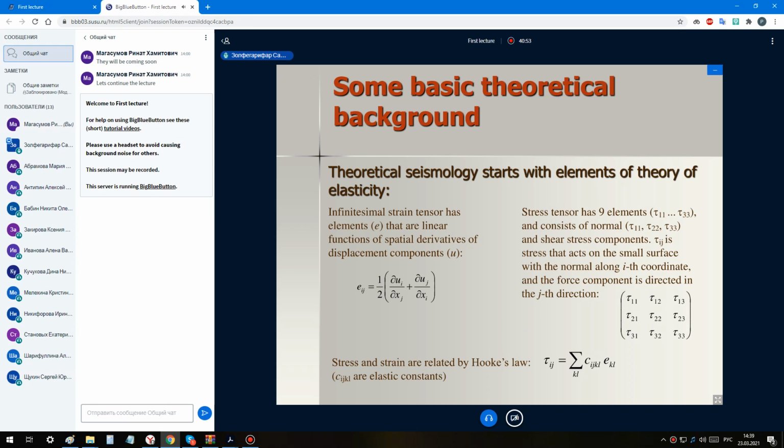Next slide, some basic theoretical background about seismology. The theoretical seismology starts with the elements of theory of elasticity.